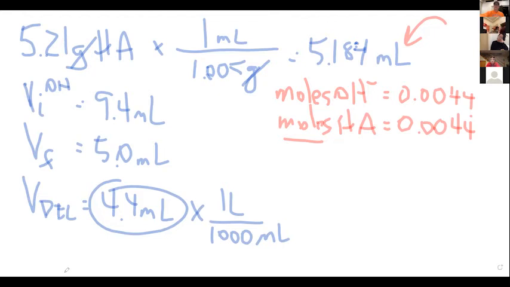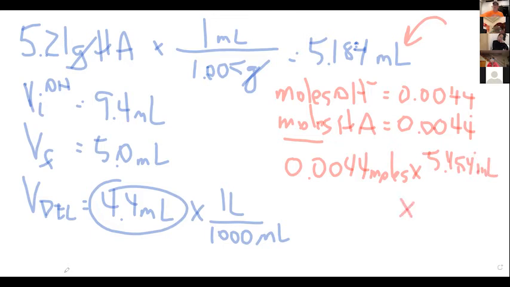So that is 0.0044 moles times, oh, wait a minute, I want 1 over volume. Times 1 over 5.184 mils. And then convert the mils to liters.